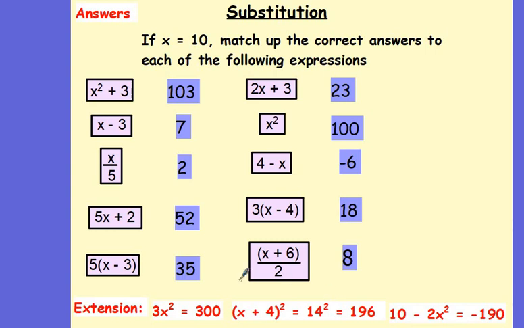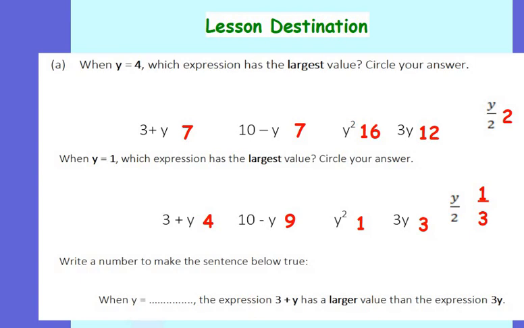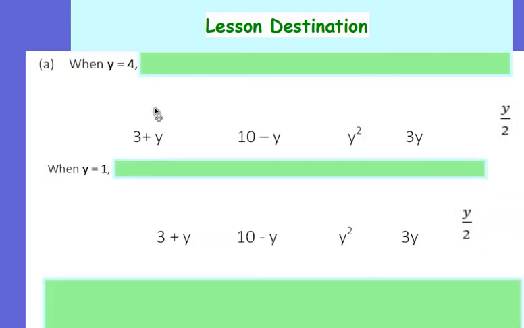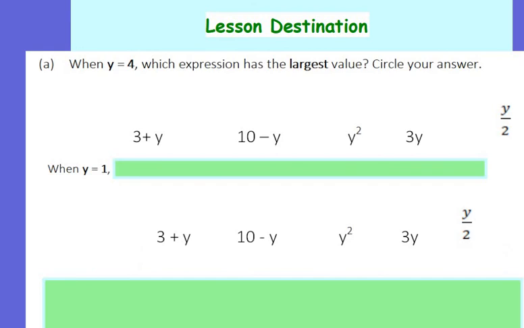If you did my extension questions where x was equal to 10, you should have got 300, 196 and negative 190. And finally, here was our lesson destination of today. Oh, sorry. When y is equal to 4, work out the value of each expression and tell me which expression has the largest value.